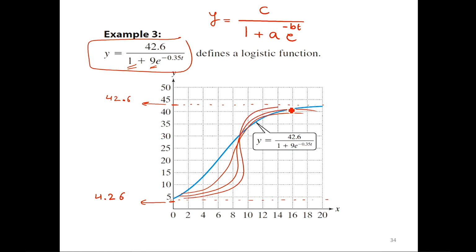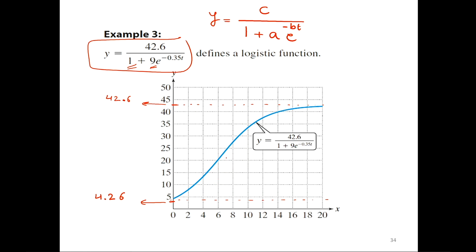If b is small, for example b equals 0.01, we have a curve like this. But if b is big, we have a curve like this, and b is larger.